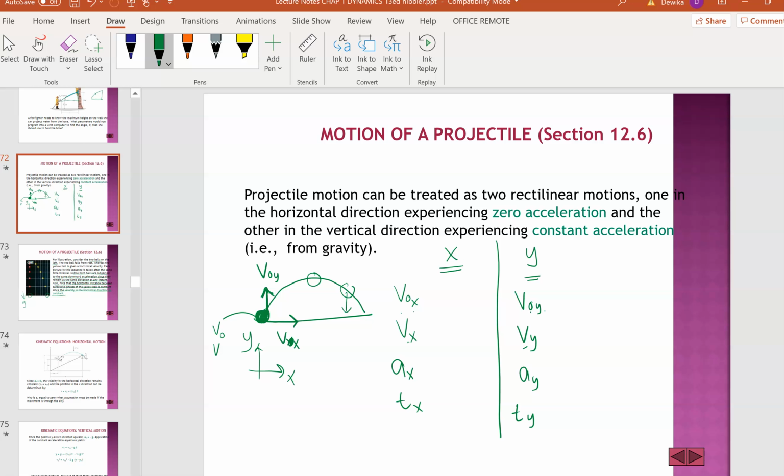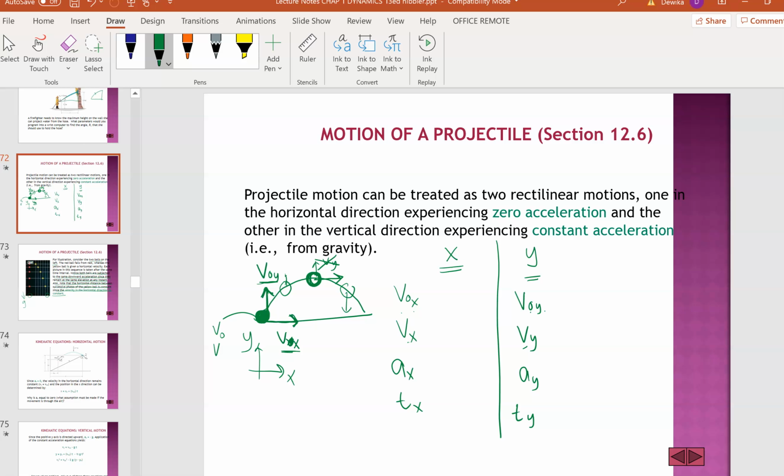So both, when they launch, both have got value. The value of vy will be decreasing because at this peak here, you do not have any more vy component because it's not going up anymore. You only have a vx component.